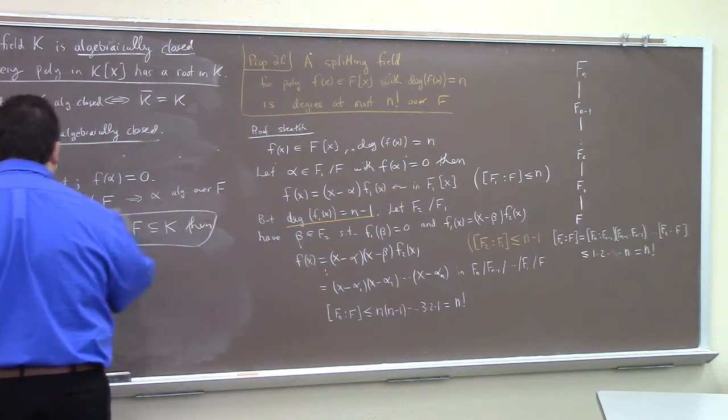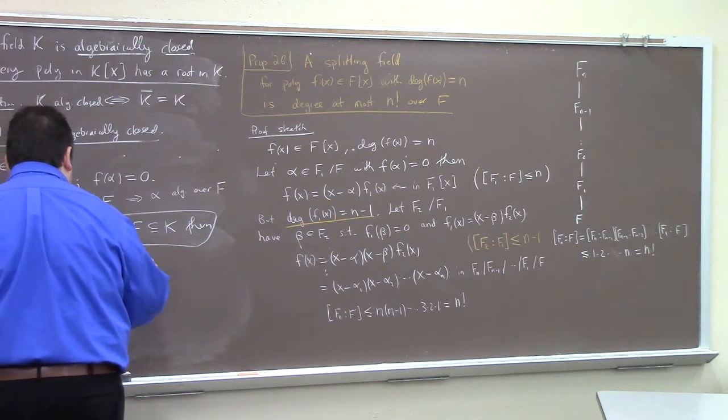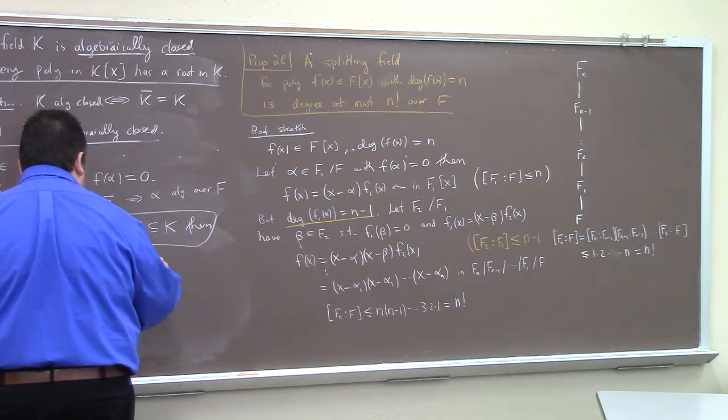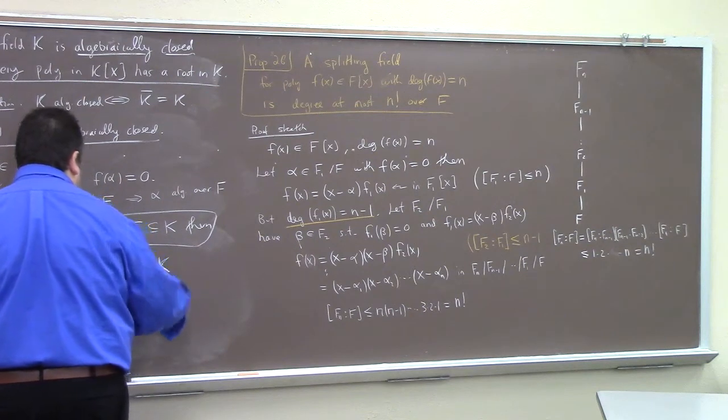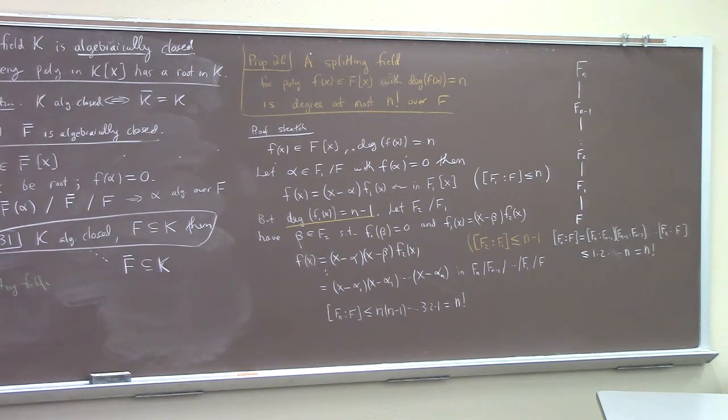What this is saying is that you can say f bar is a subset of K. So if your field is a subfield of an algebraically closed field, and then you take the algebraic closure of that subfield, those are going to fit inside the algebraically closed field.